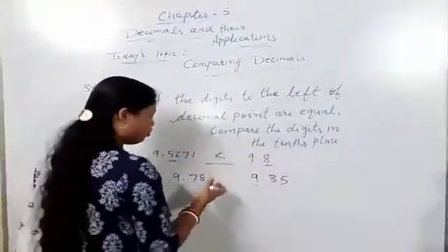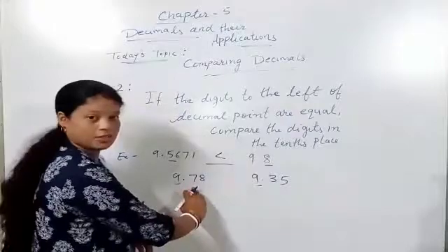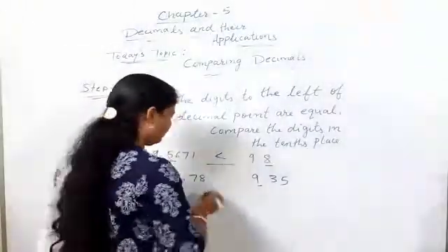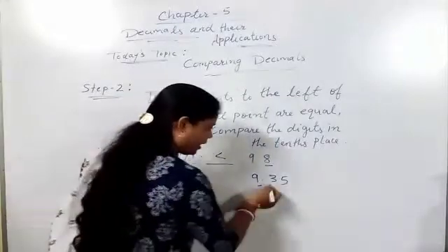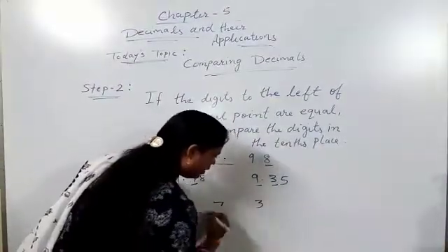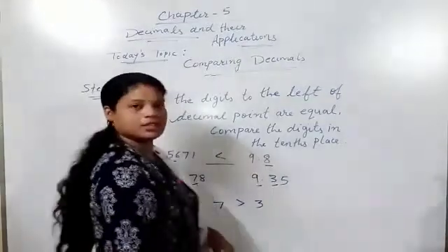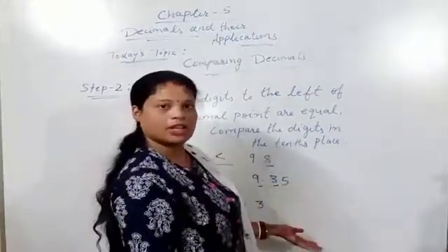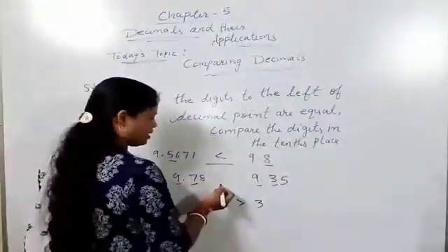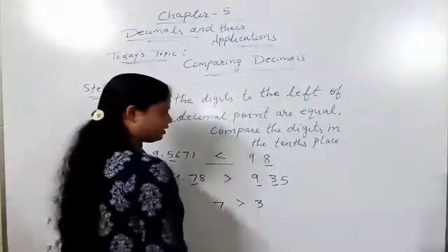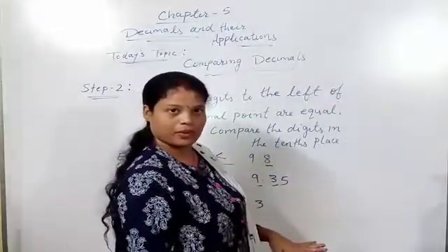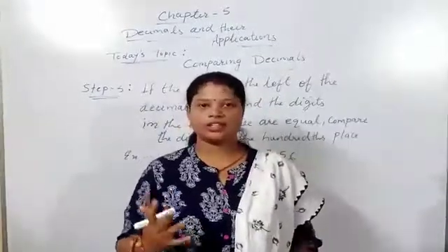Now we move to the first place after the decimal, that is the tenths place. Here we get 7 and here it is 3. 7 is greater than 3, or 3 is lesser than 7. So we write 9.78 is greater than 9.35.